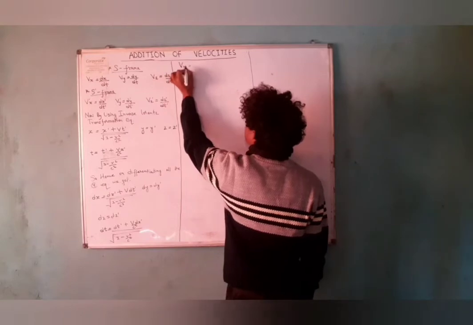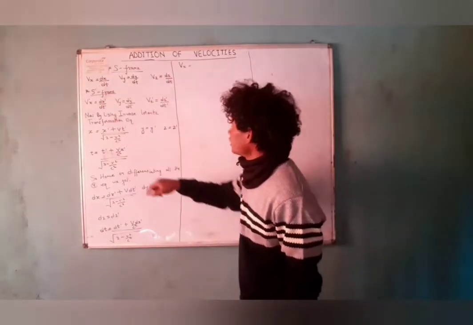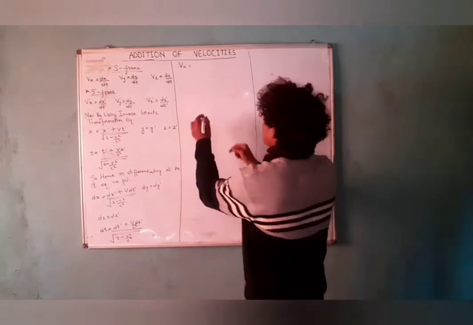Vx equals to, what is Vx? Vx equals to dx by dt. So we have got dx.